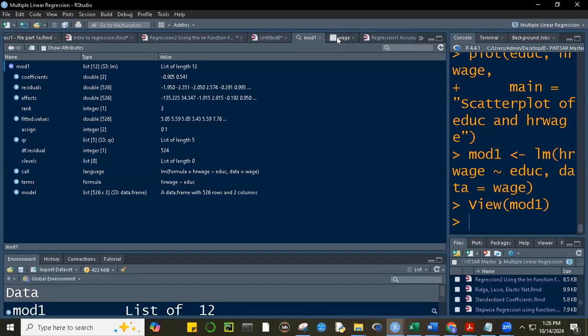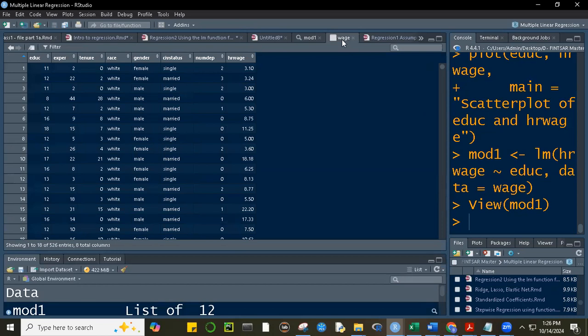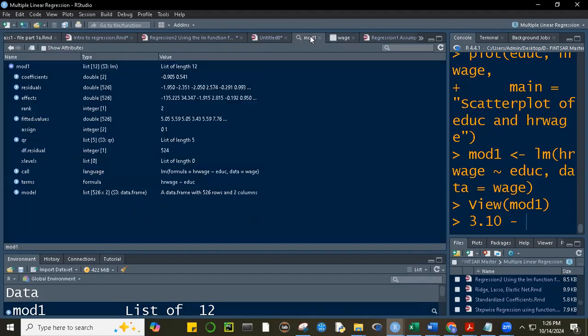As an example, let's take a look. Our hourly wage, the first one, is 3.10. Let me copy this, control C, 3.10, control V. Then the predicted value for the first observation is 5.05. So let me copy that, 5.05. That was our predicted value.